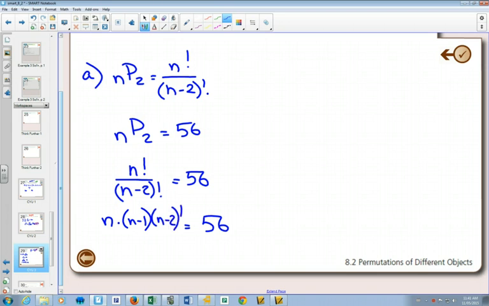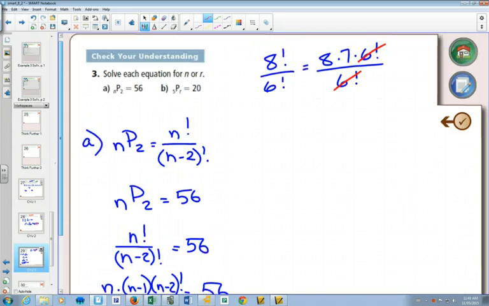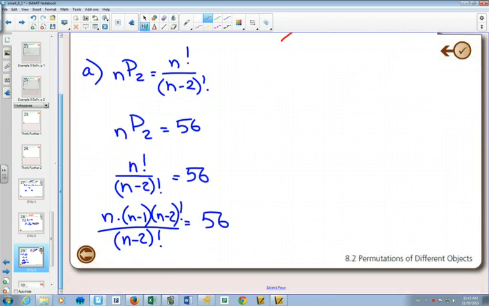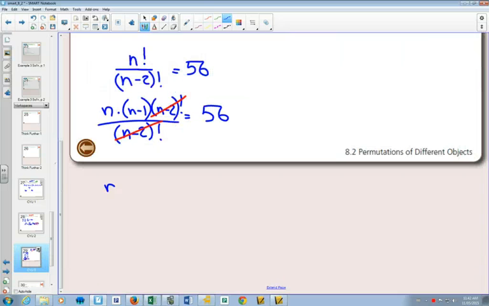And once I get to the one that's on the bottom, I'm not going to keep going all the way down to 1, because just like I had up here, once those two are the same, they'll cancel each other out because they're identical. And they'll simplify to just be 1. So I can say this will simplify to just be 1. And then my question just becomes n times n minus 1 is equal to 56.